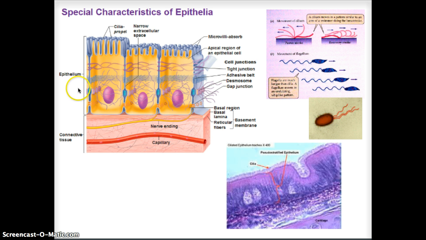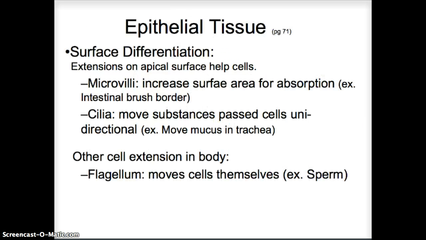So if you look here, these are the microvilli that I'm looking at. And look at how much more surface area I'm going to create when I have these things going up and down as compared to just having a flat surface that goes across. And so that's why that is useful.